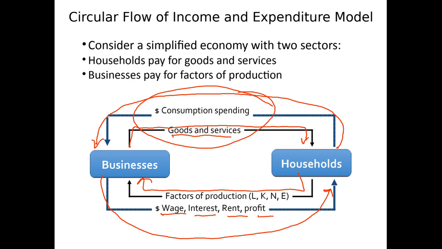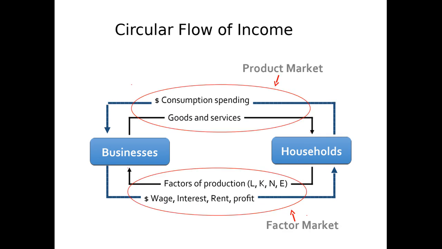Let me show you another diagram by adding one additional piece of information. This is exactly the same diagram, except that I now call it consumption spending and goods and services. Consumer sector will buy these goods and services in the product market.